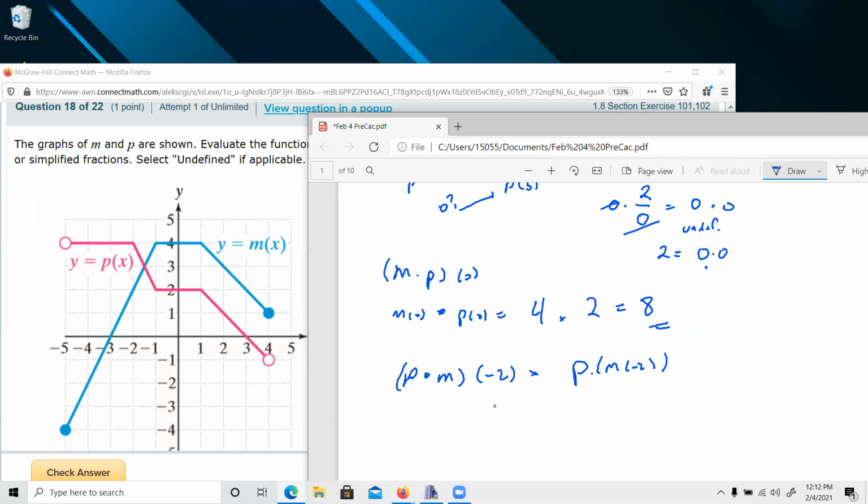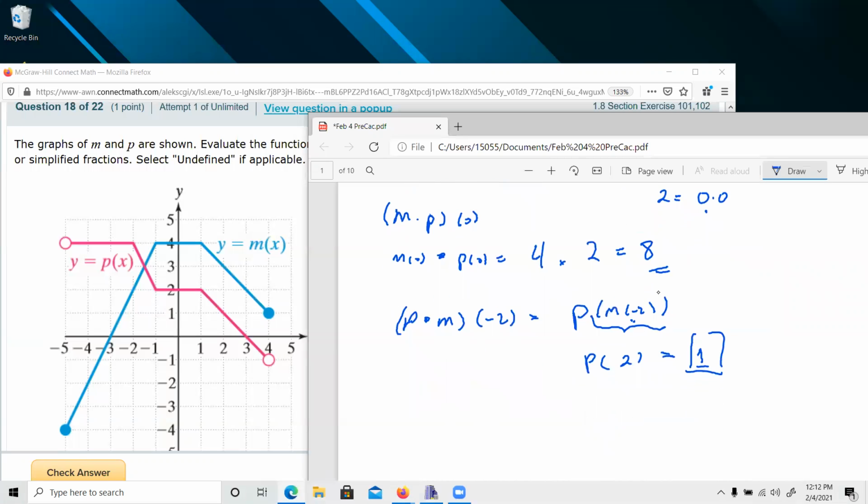So what is M of -2? We go over here to -2, and M of -2 is 2. The output of this piece goes into the input of P. Now I have to look, what's P of 2? Go over here, P of 2 is 1. And that's what you would do here.